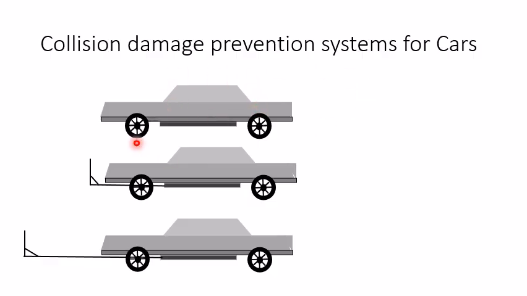This is a car, and there is a device buried under the car, and it gets deployed when the driver senses that there is going to be some accident, and this is the extended version of the collision damage system when it is fully stretched.